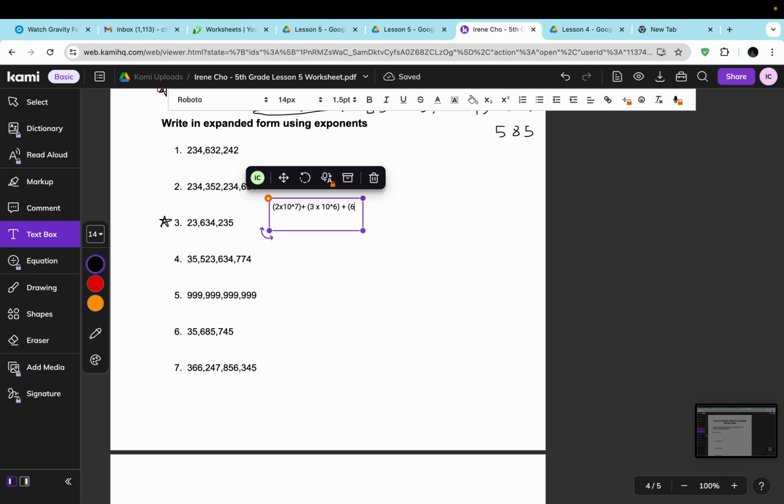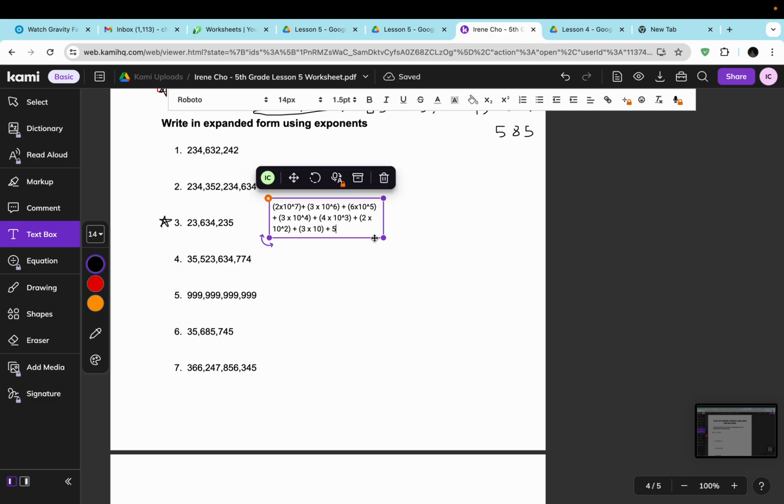And then 6 times 10 to the power of 5 plus 3 times 10 to the power of 4 plus 4 times 10 to the power of 3 plus 2 times 10 to the power of 2 plus 3 times 10 plus 5.